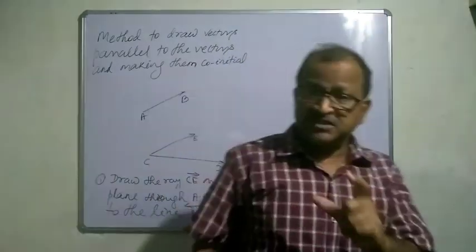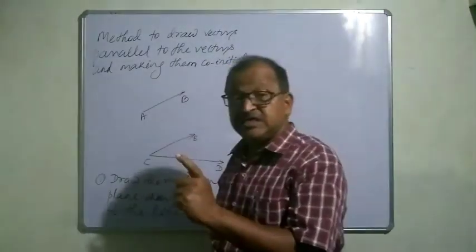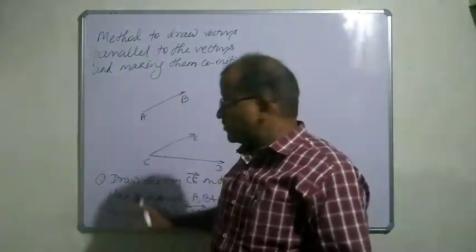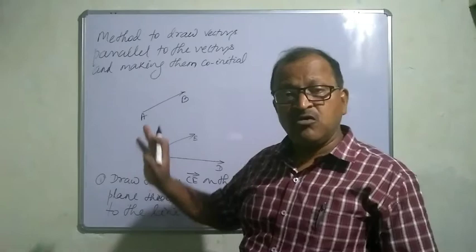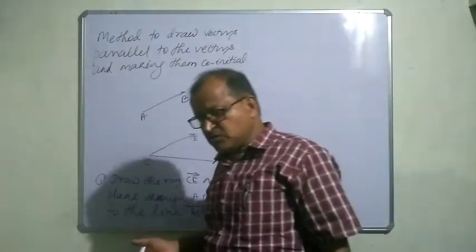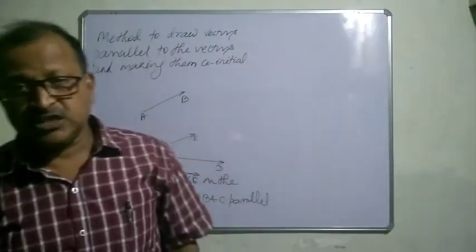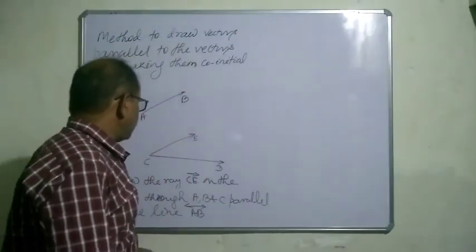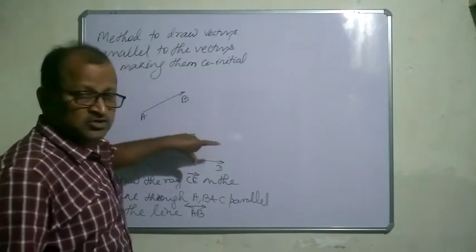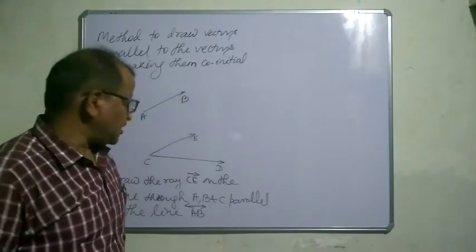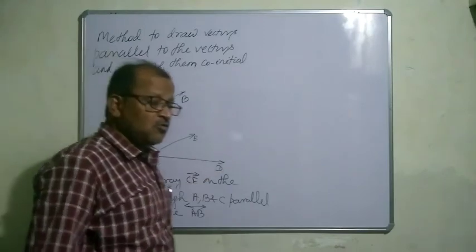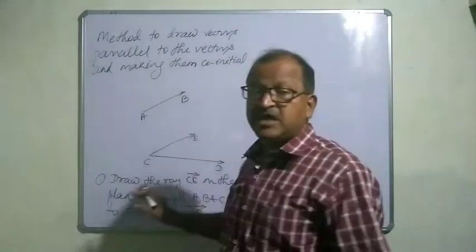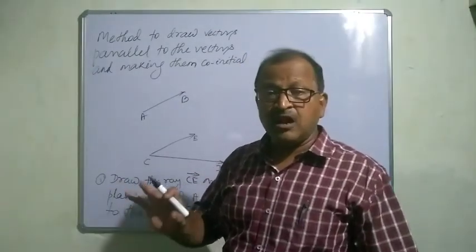If the length CE is exactly equal to the length of AB, then CE vector is equal to AB vector, because we know that if the magnitude and the direction of two vectors are equal, then the vectors are equal. Magnitudes are the same, direction also the same, so these two vectors are equal. Now we have made them co-initial, right? CE and CD are two co-initial vectors.